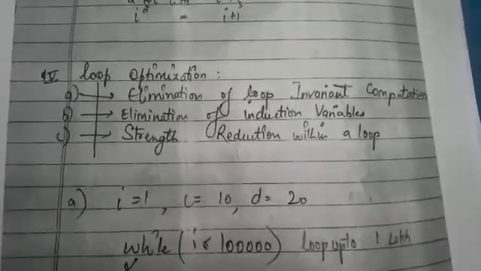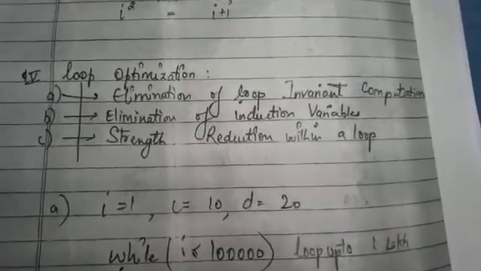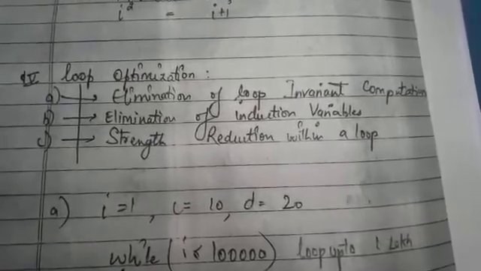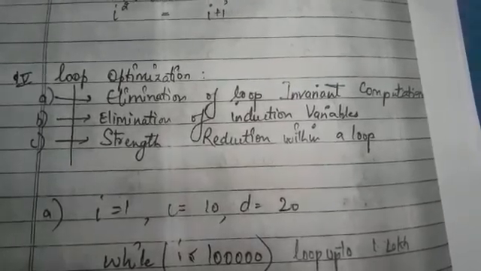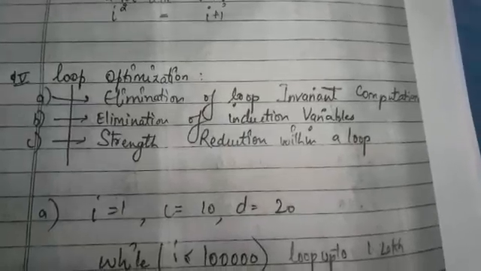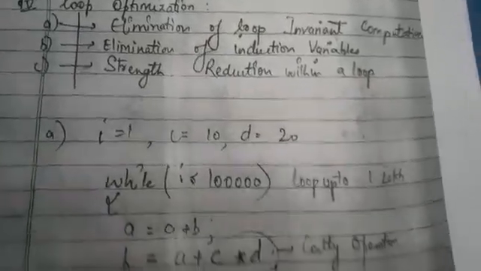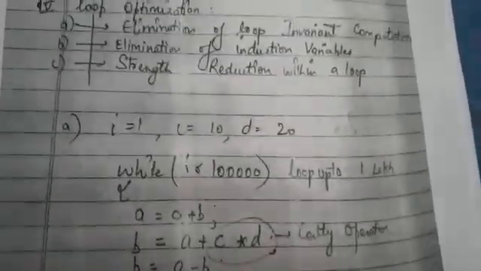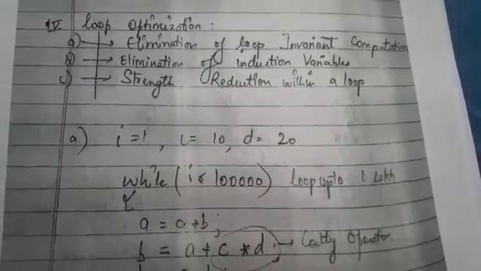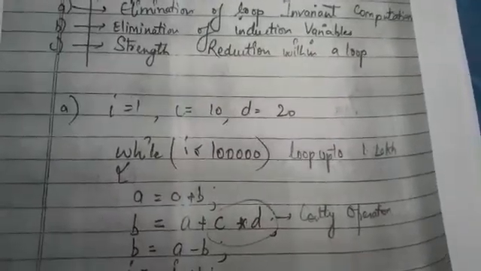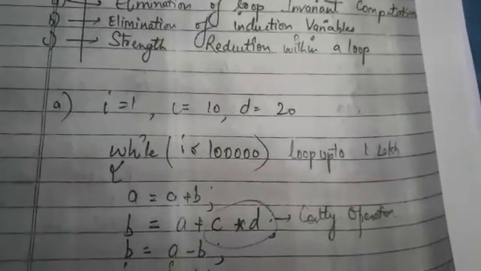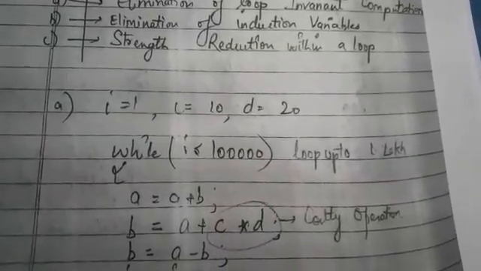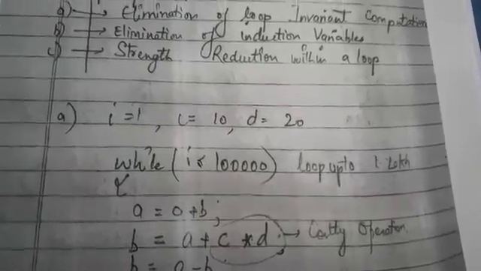Loop optimization can be done with the help of three methods: first, elimination of loop invariant code; second, elimination of induction variables; third, strength reduction within a loop. So the first method is the elimination of loop invariant code, and this is like I is equal to 1, we have c is equal to 10, then d is equal to 20, right?